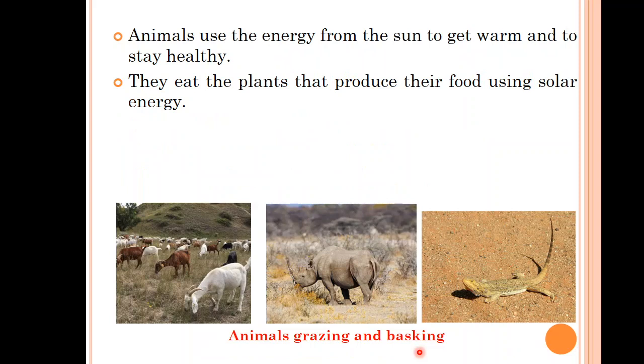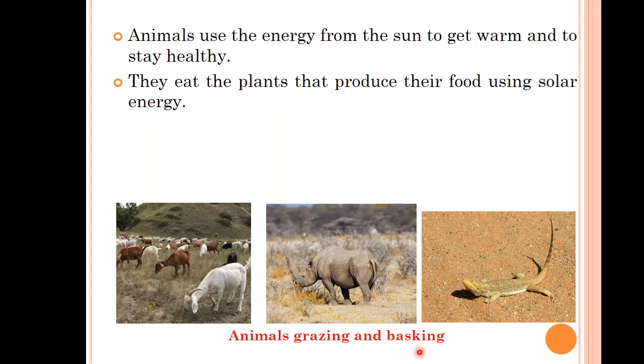That was plants. Animals also use the energy from the sun to get warm and also to stay healthy. And also the animals eat the plants that produce their own food using the solar energy.